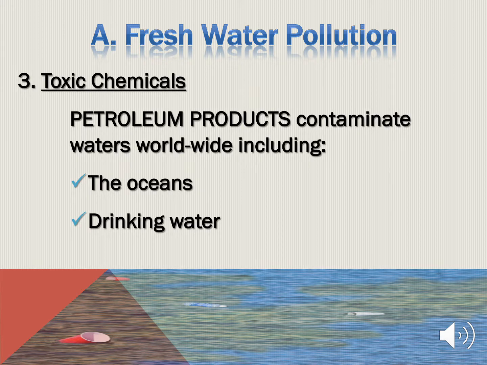Oil spills on the oceans. And occasionally we run into petroleum products that have contaminated drinking water. So we have plenty of time where we will refer to petroleum products as we move through the course.